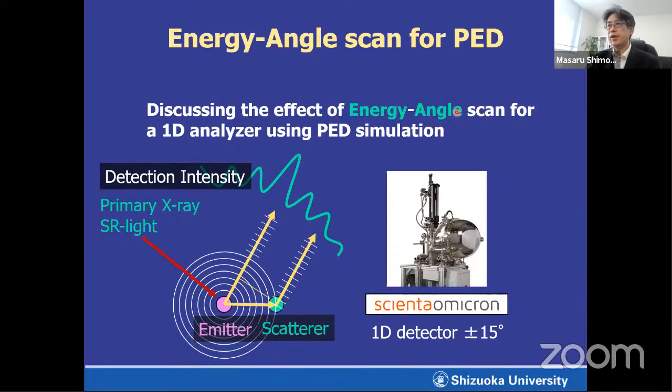This is a very tricky one, but we change the energy and detection angle at the same time by using a one-dimensional analyzer like this one. It is a Scienta Omicron analyzer. It has plus minus 15 degrees, which means a 30 degree range of angle-resolved data can be obtained with this.